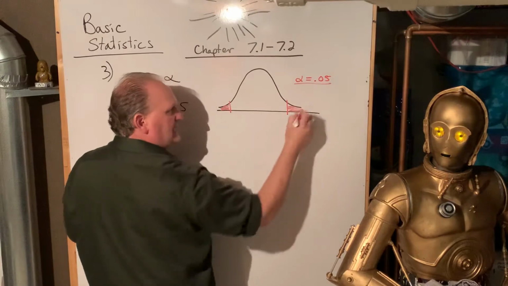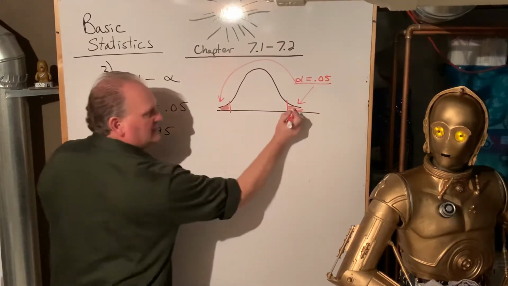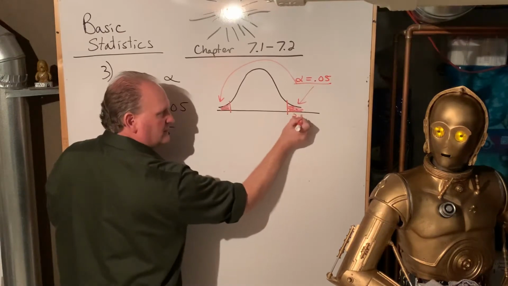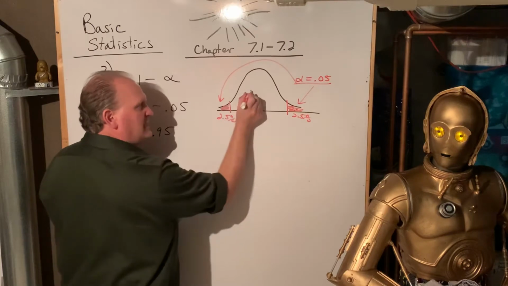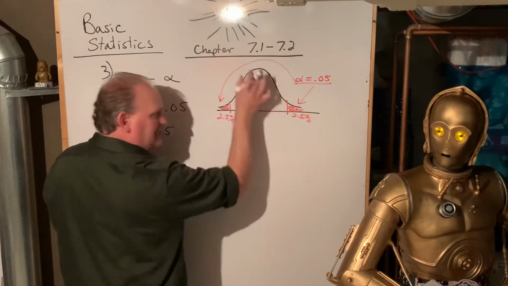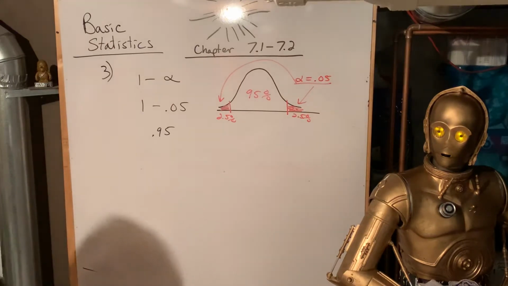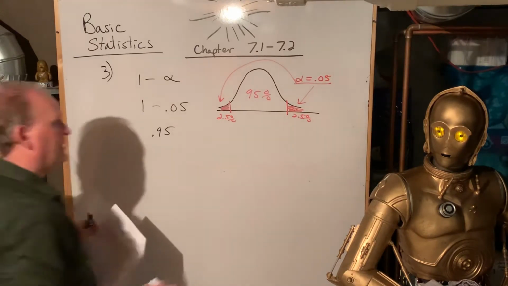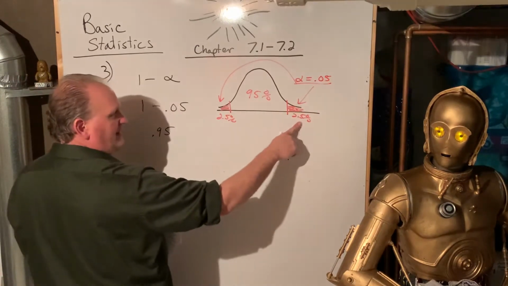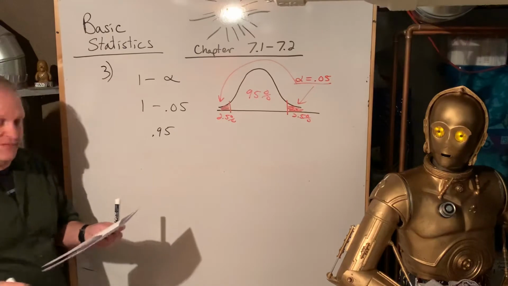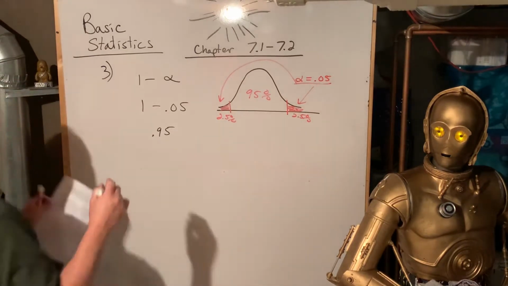And 5% would mean that it's split. So this is 2.5% here, and this is 2.5% there. And that means we've got 95% in the middle. And so that's what we're talking about. If we say alpha on a two-tailed test is 5%, that means 2.5% on each one of the pieces of the tail. All right? So let's do an example, and hopefully this will make a little more sense.